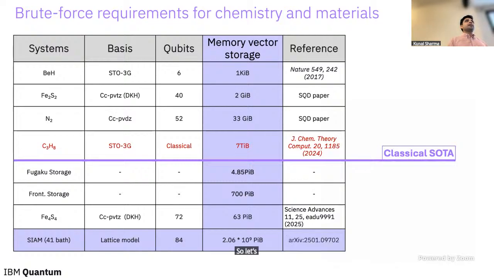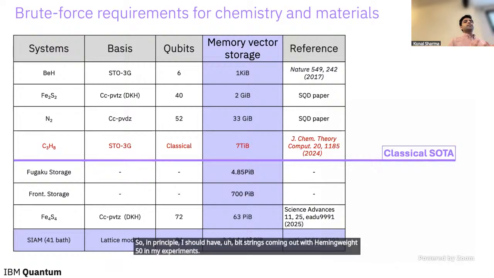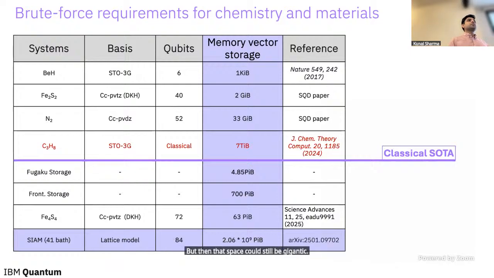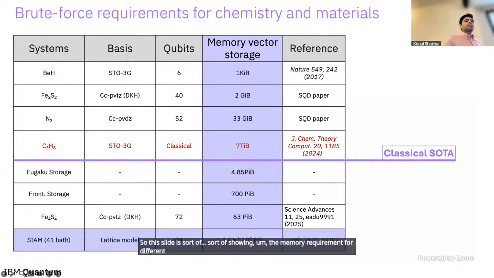So let's say I have a 50 electron system. In principle, I should have bit strings coming out with Hamming weight 50 in my experiments. But then that space could still be gigantic, right? It could still be exponential in the number of qubits. So this slide is showing the memory requirement for different problems that people have tackled over the years.